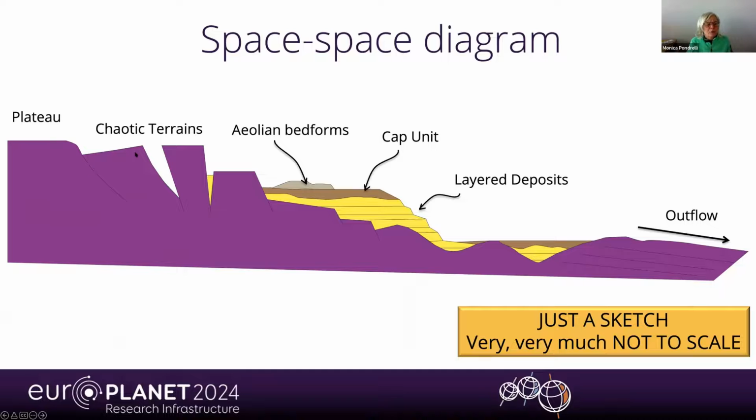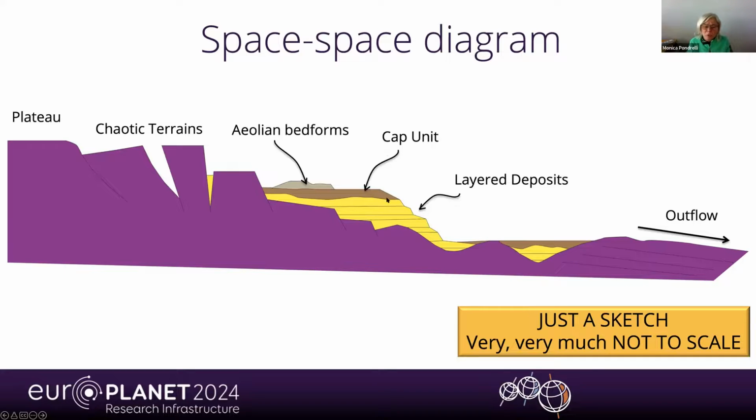We have the plateau fragmented to form the chaotic terrains. The layered deposit, which overlaps against the chaotic terrains. We have the outflow channel, which shapes a part of the deposit. The layered terrain are overlapping against this outflow channel.